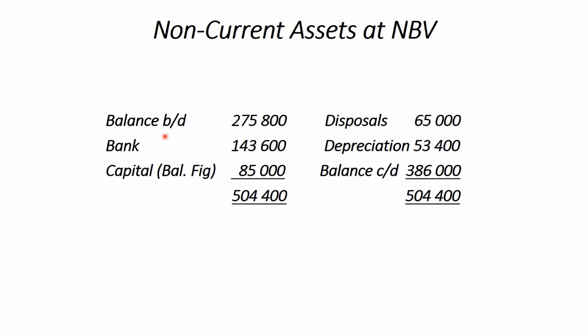Right? We are told that we bought some additional equipment for 143,600, paying by check. We are not told about this figure here, but if you draw up the account, that's the only way you would see this. If you didn't draw up this account, you would not see this figure, 85,000, that you're purchasing fixed assets or non-current assets with. It's a balancing figure in this account to make it balanced.